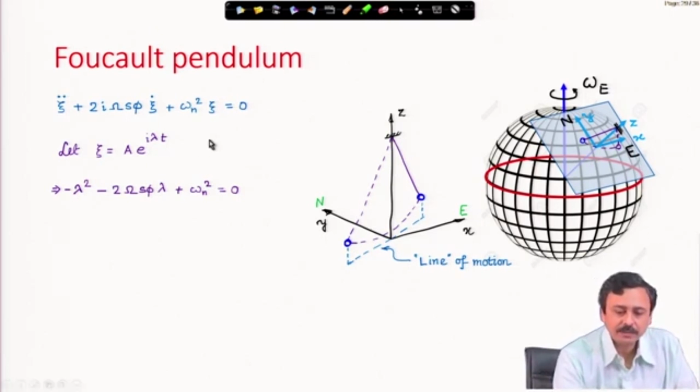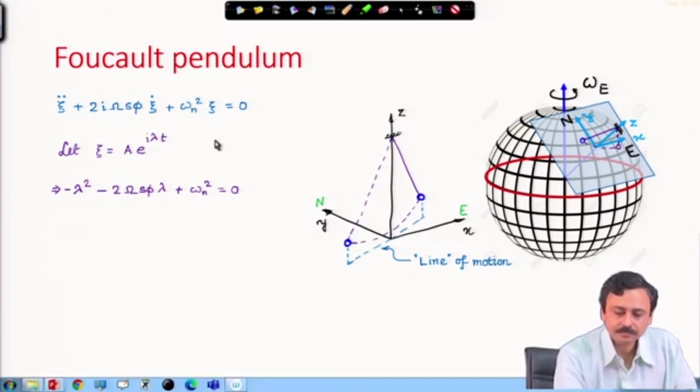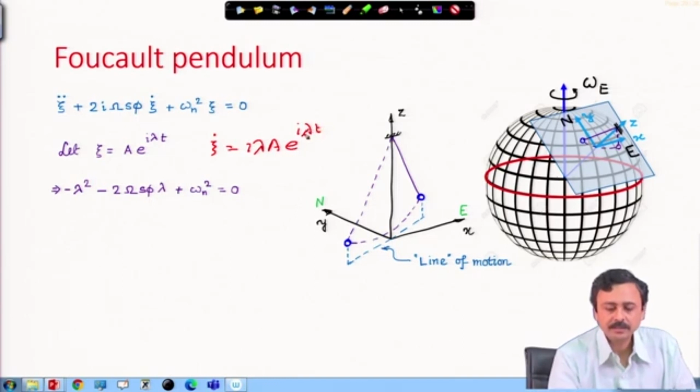Okay. If I substitute this solution for xi, then if you take the derivative, xi dot is i lambda A e to the power i lambda t, and similarly you can find xi double dot as minus lambda square A e to the power i lambda t.